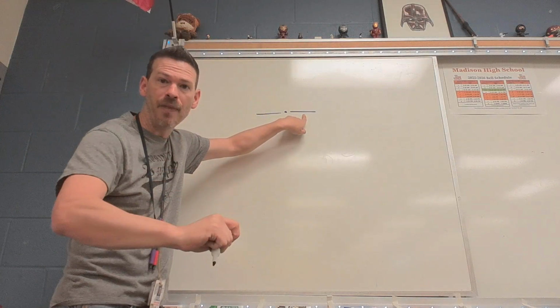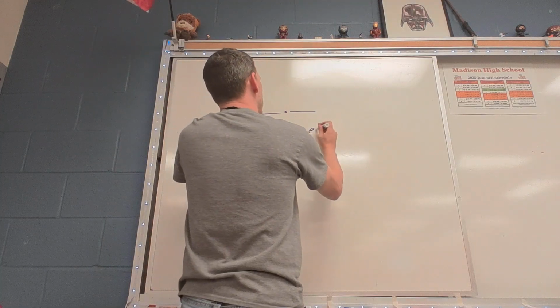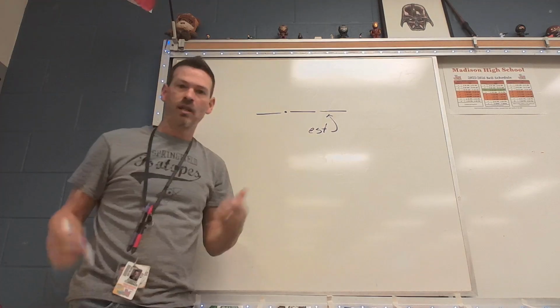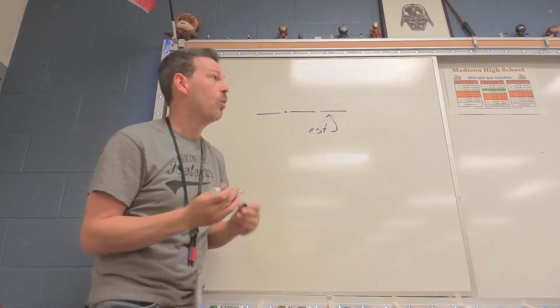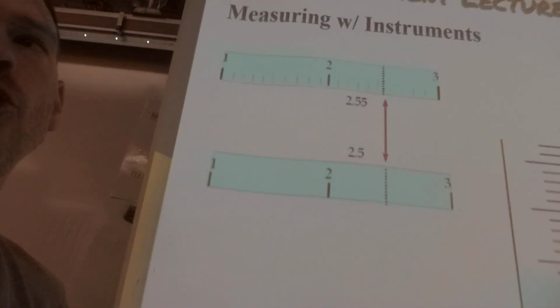So your job, if you're going to report what it's measuring, is to estimate 1 more digit, in this case to the hundredths place, which is why you can see that it goes 2.55 in that spot there. It's going out to the hundredths place.